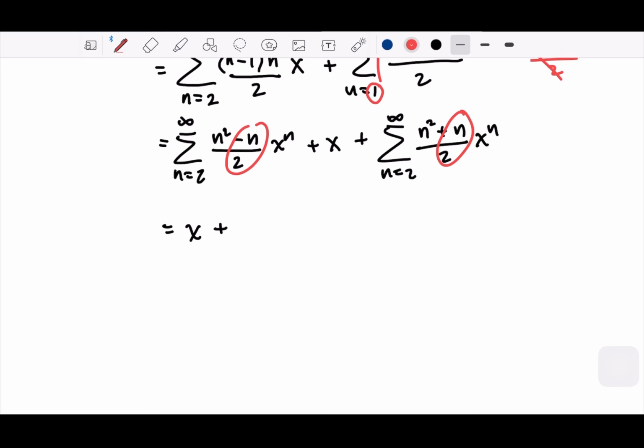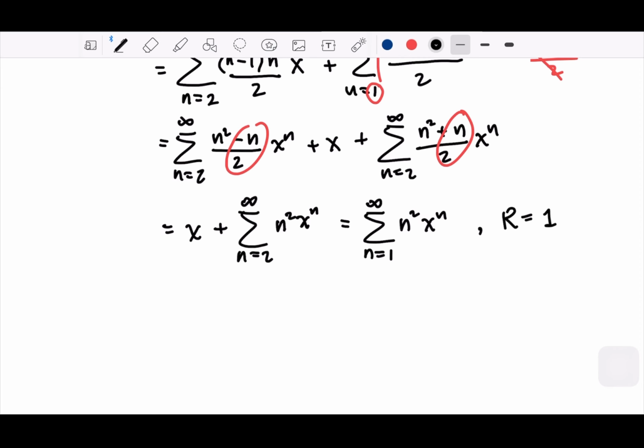So we are only having the sum. Or if we look at these terms here, we can actually form back to just n squared x to the power of n. And the radius is just 1. Okay.